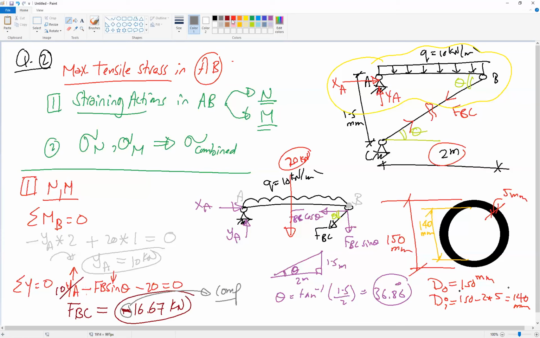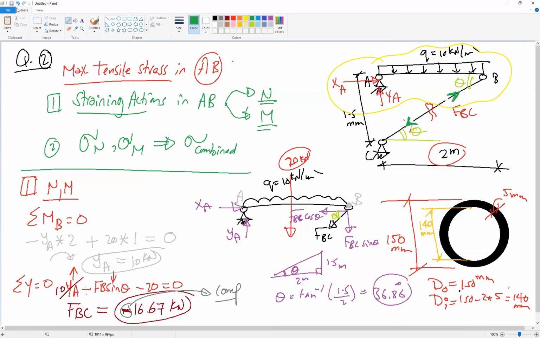So I will remove the arrow here. This force is compression. Okay, so now we have found the force FBC.